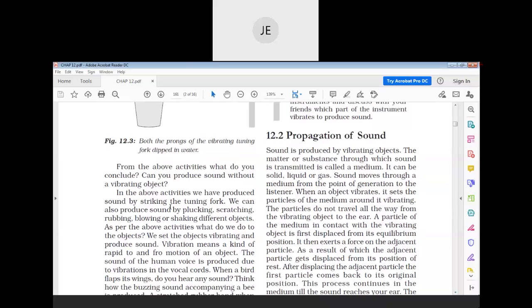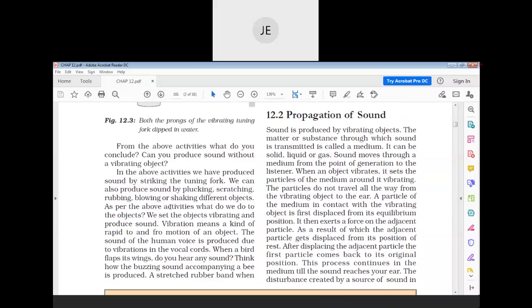And after production of sound, what happens? How does it travel? That is the propagation of sound. Propagation means traveling. How does it travel in different media, in solids, liquids, and gases?